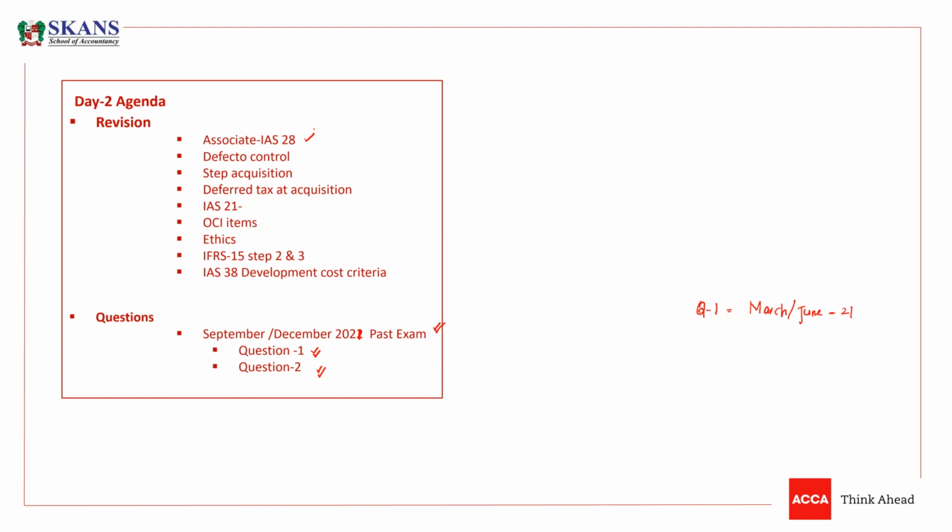Then we will be understanding the concept of de facto control under IFRS 10, which is control with less than 50% voting rights. With less than 50% voting rights, we have acquired control, so we often call this de facto control. We will be revising the concept of de facto control, and then we will be applying this in question 1.